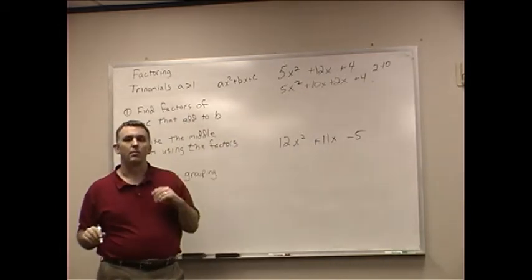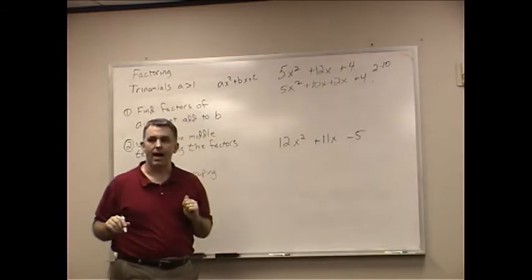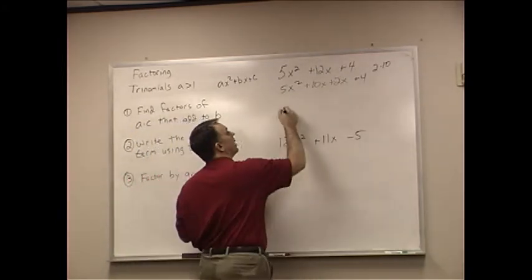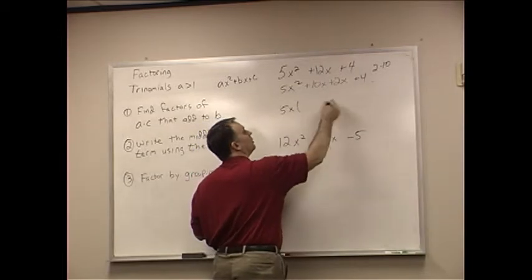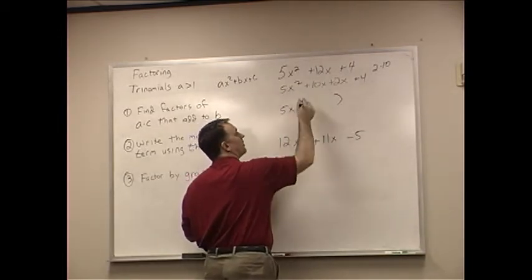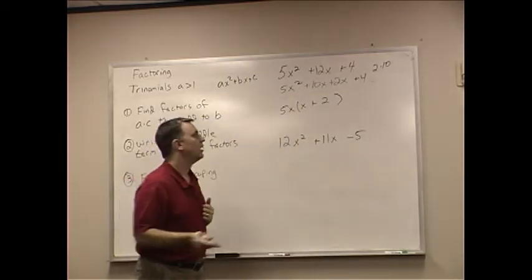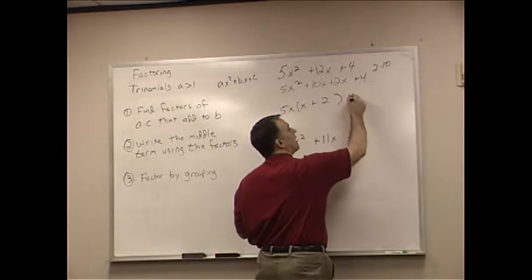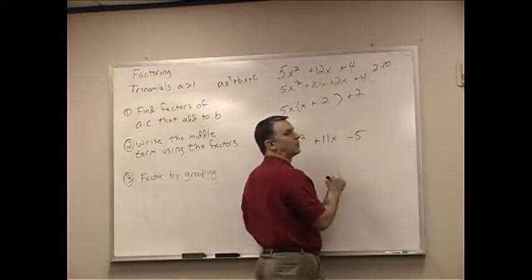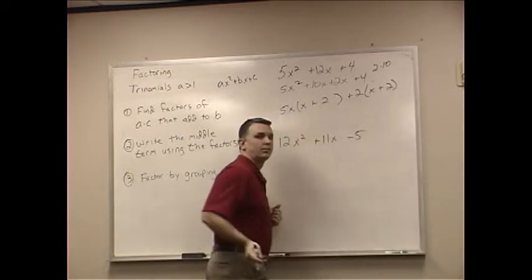Still, we're going to factor by grouping. I can pull a 5x out of both of those, can't I? So I'll pull the 5x out on these first 2. Divide by 5x, divide by 5x. That leaves me x plus 2. And then with the second one, they've got a 2 in common. Factor out a 2, and that leaves me x plus 2 there.